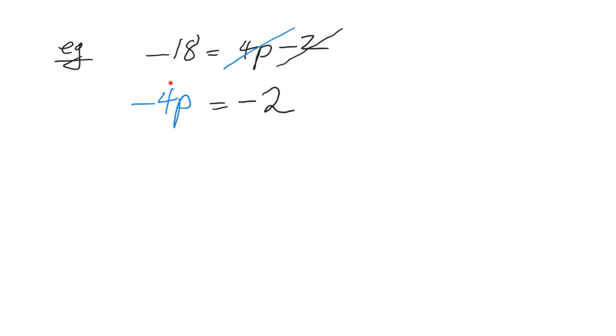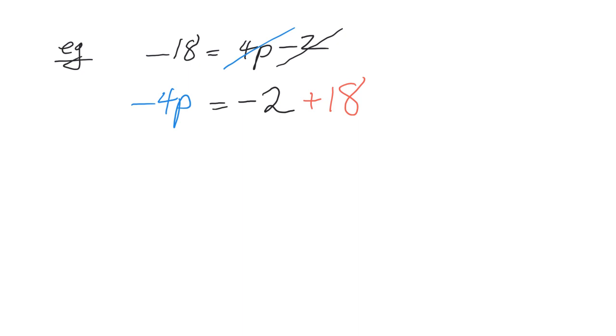So remember, if I have it on the wrong side and I need to move it over to the other side, I have minus 18. When I bring it over to the right side, it becomes positive 18. So now we have negative 4p is equal to minus 2 plus 18.